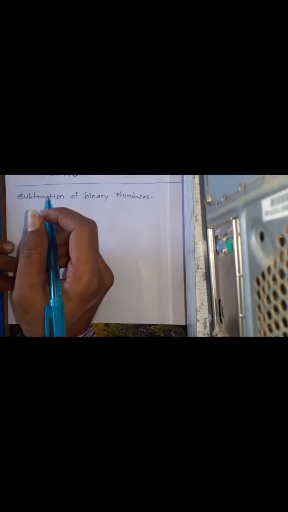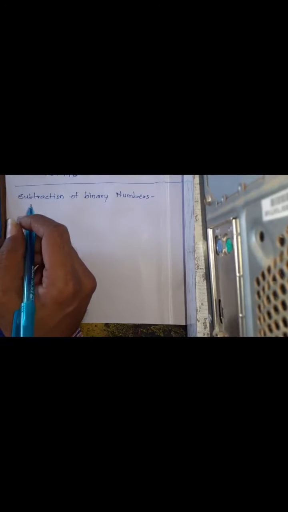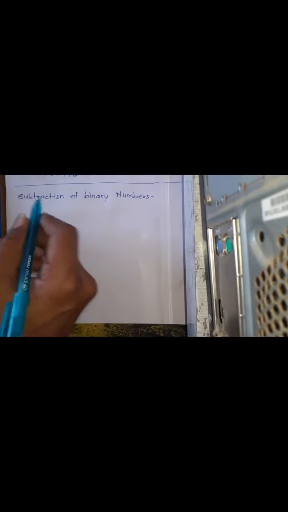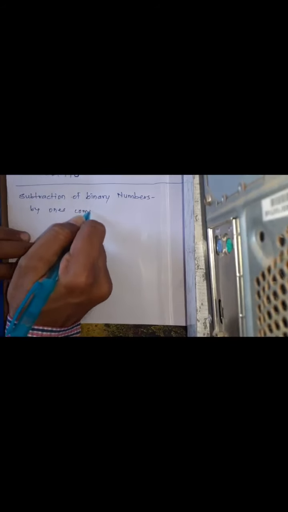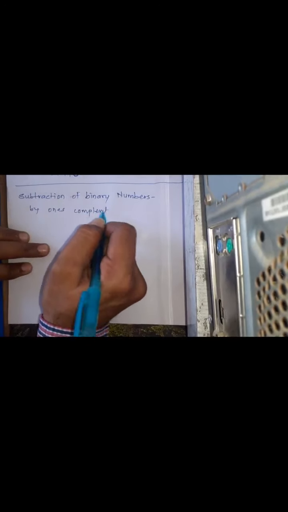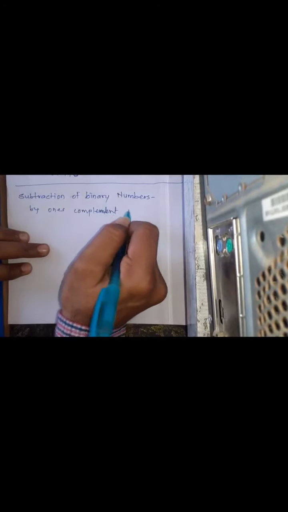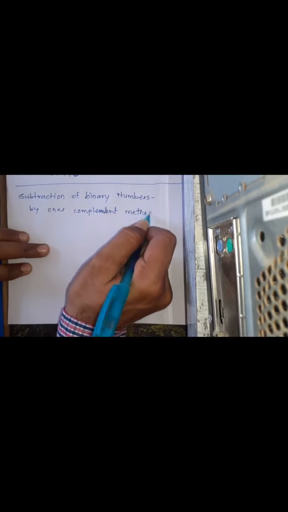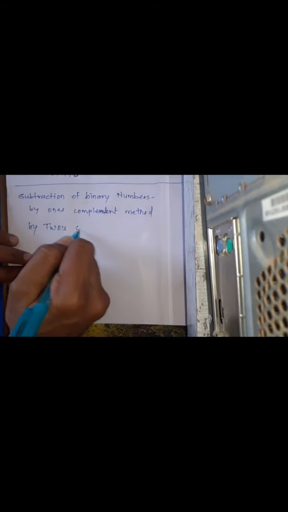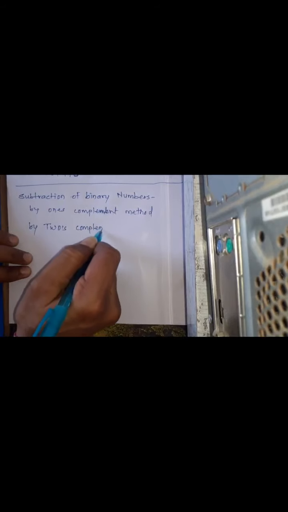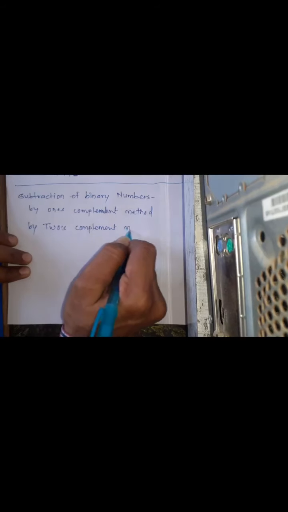There are also two systems to take the subtraction of binary numbers: by the ones complement method and by the twos complement method.